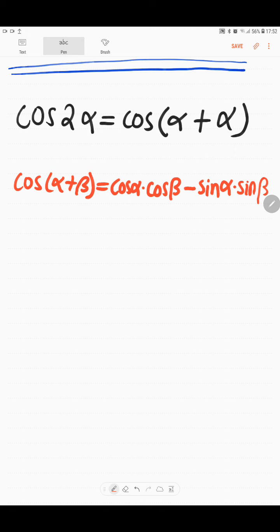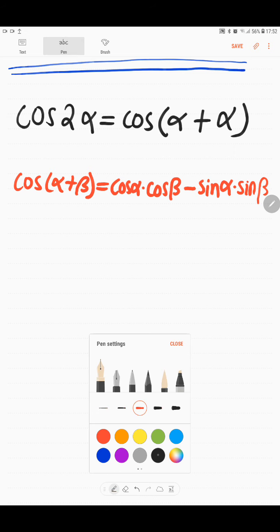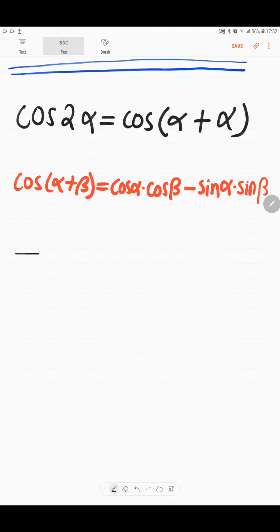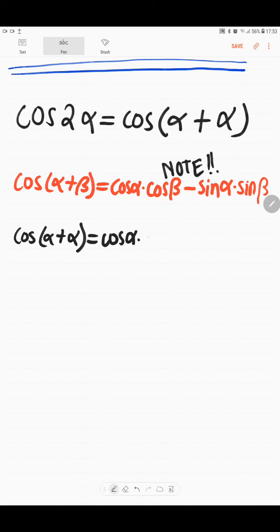And from here, we now have, in place of beta, alpha. So it will look something like this. Let's indicate this as a note. It will look something like this: cos alpha times cos alpha minus sin alpha times sin alpha.